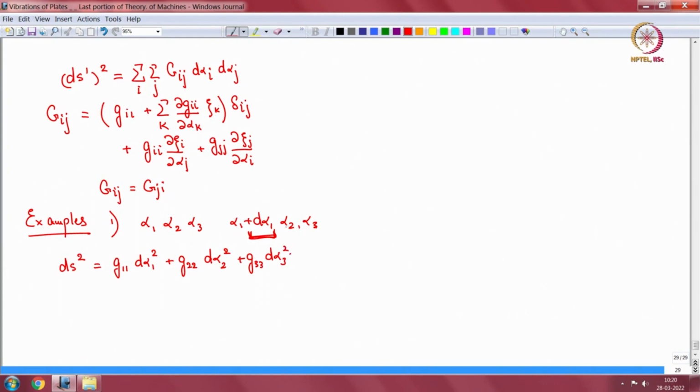So in this case, d alpha 2 is 0, d alpha 3 is 0, and so this is equal to g11 d alpha 1 squared, the undeformed length squared. And so ds dash whole squared now will be G11 d alpha 1 squared from here.